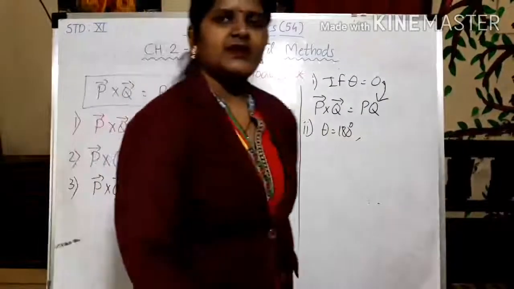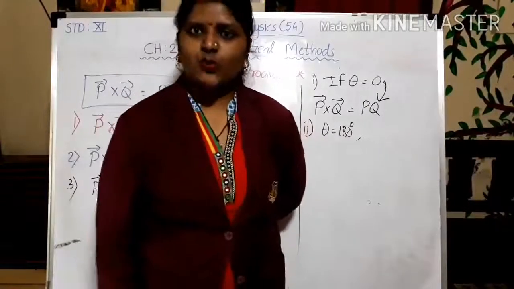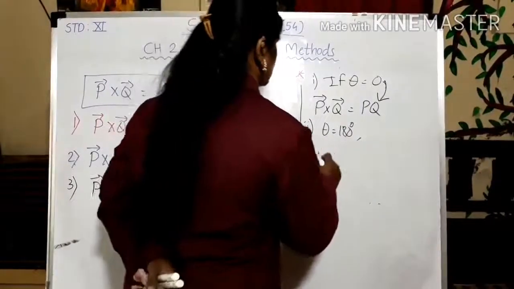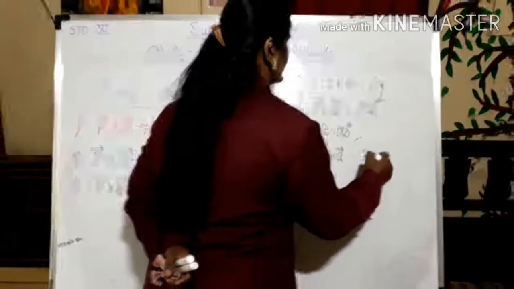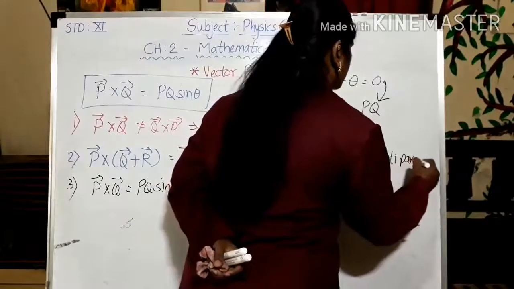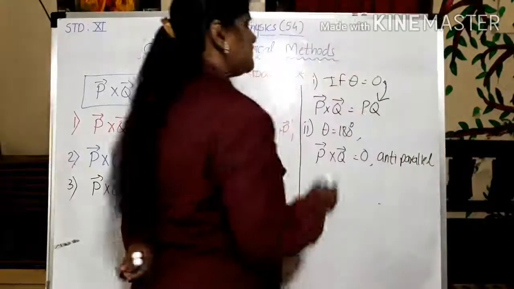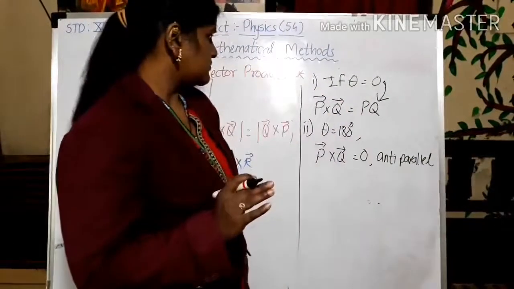If theta is 180 degrees, what is sin 180? 0. So what will p bar cross q bar be? Again it will be 0, when they are anti-parallel. Even if they are parallel, it comes out to be 0.